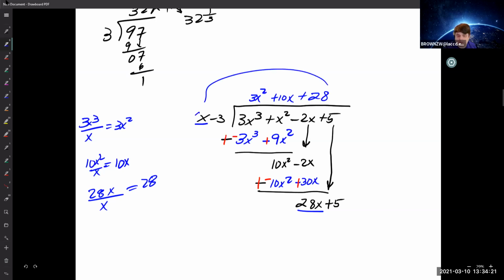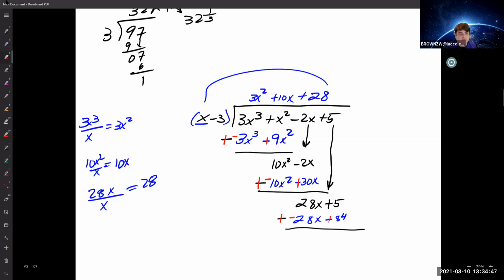And then one more time, distribute that in. So 28 times x gives us 28x. 28 times -3 gives us a negative 84. And one more time, last step would be subtracting, but we are going to add the opposite signs.